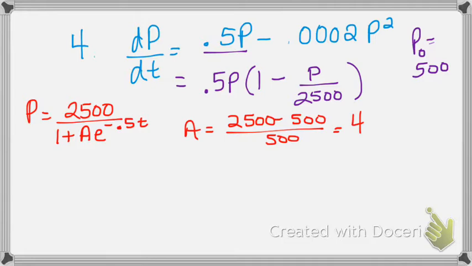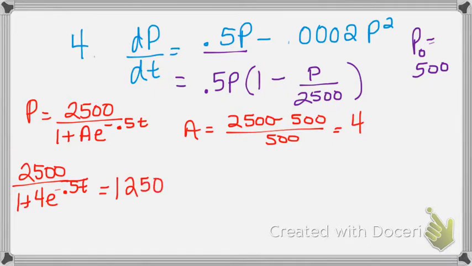So then, if I want to find where the maximum occurs, plug in that 4. I know that the maximum increase is the fastest where L over 2 is, and L over 2 is 1250. So I set that equation equal to 1250.